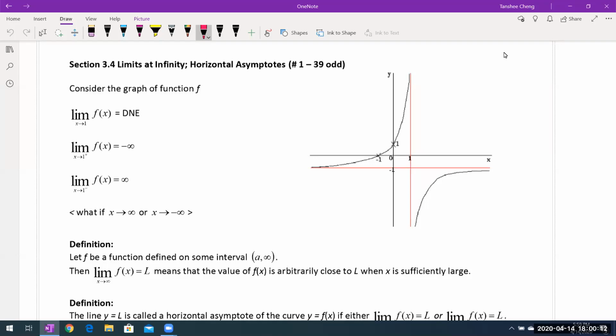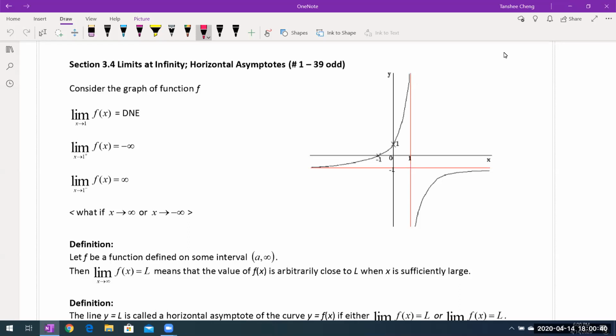So if you look at this function that I'm giving to you right here, you can see that clearly this is a rational function. So I have a vertical asymptote and I have a horizontal asymptote right there. What we learned before is, on a vertical asymptote, as x approaches 1, that does not exist because when we look from the positive side, it's going to negative infinity.